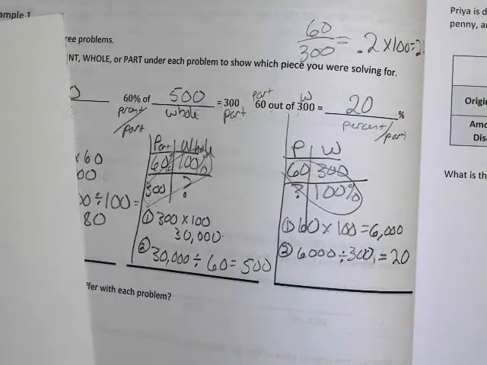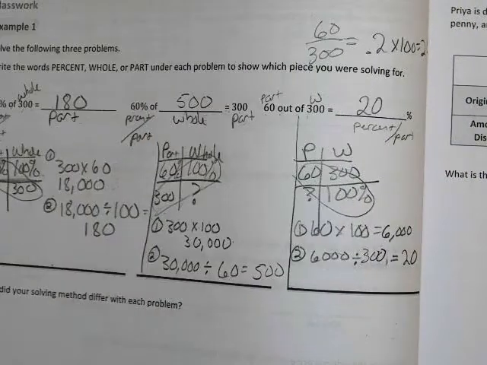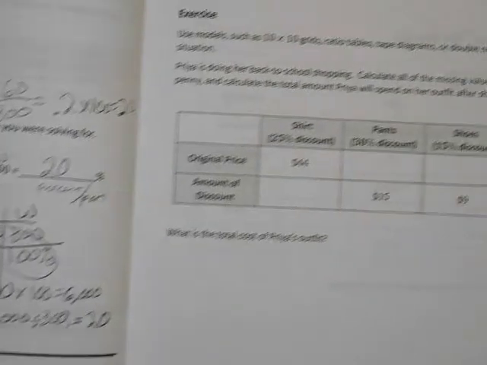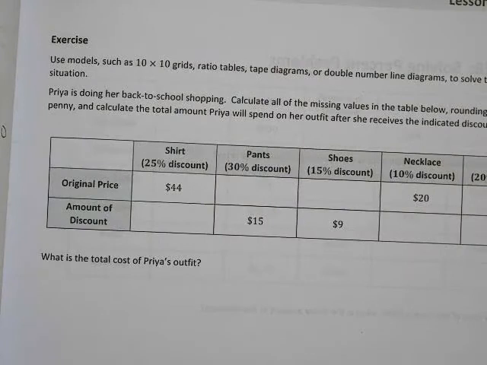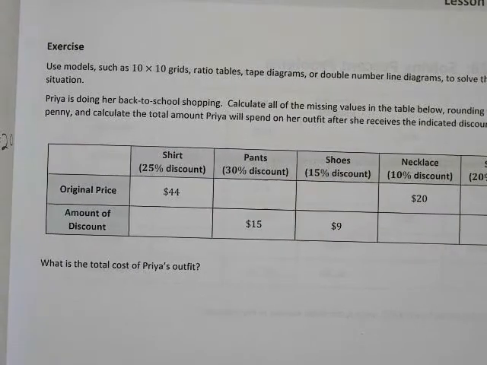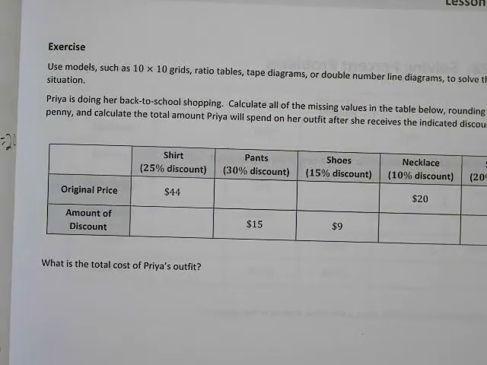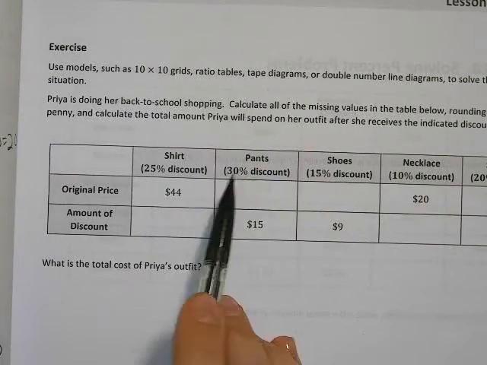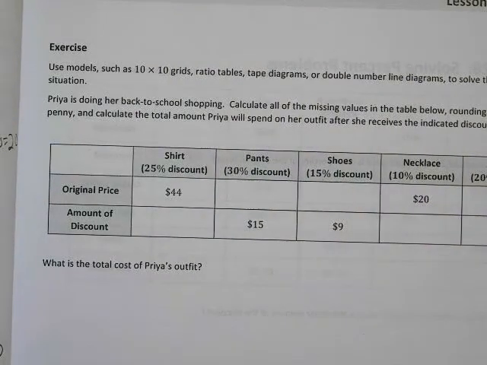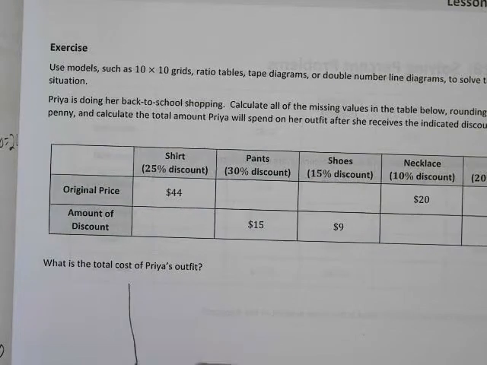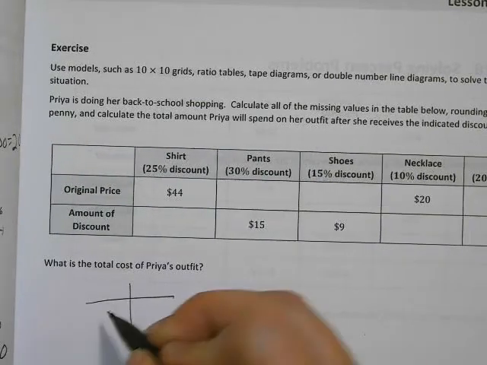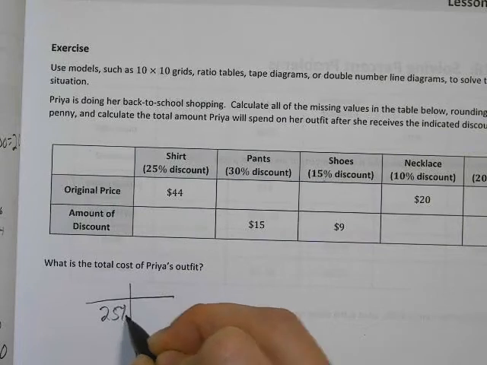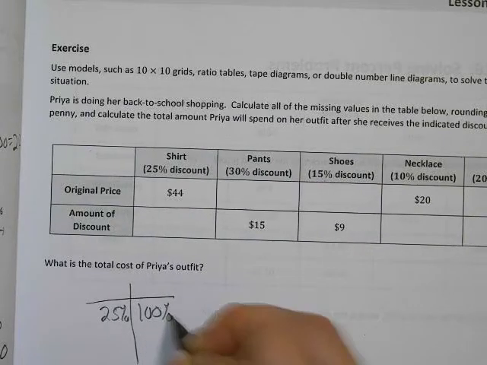Now, on the next page, the only exercise you need to do, you need to walk through what the original price is versus what the discounted price is. In all of these, you're given a part, the percent of the part, which means all of these, you'd have a 25% across from a 100% for your shirt.